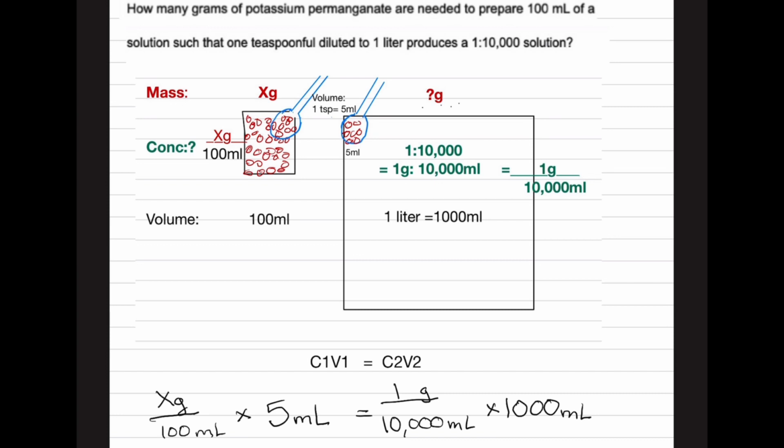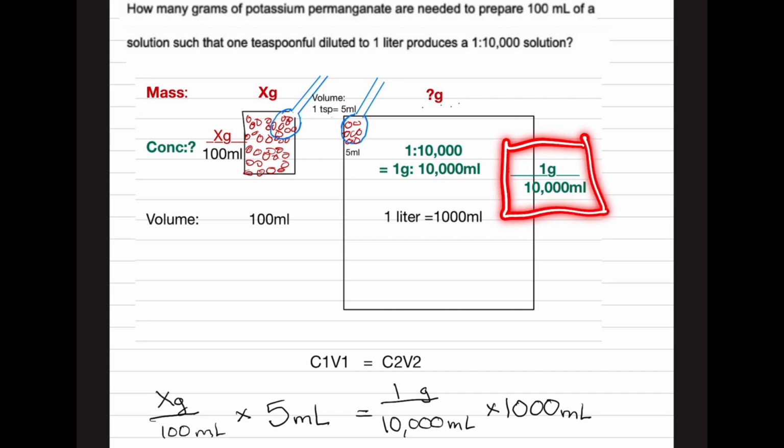Another way to write ratio strength would be the first number, we could write grams after that, and the second number, we could write milliliters. If we keep it just like that and just put 1 on top and 10,000 milliliters on the bottom, this is the exact same thing as 1 to 10,000 ratio strength.